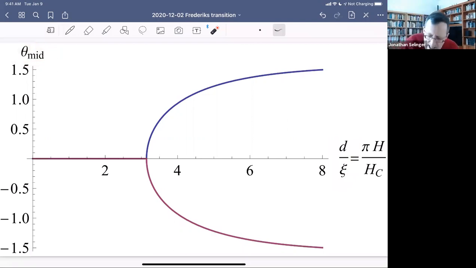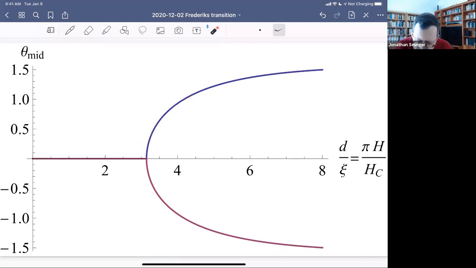And what we can see is that the plot shows 0. There's no deformation up until we get to this ratio of pi. Beyond that ratio, we can go up or down.